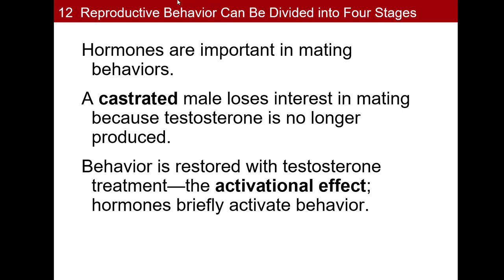So when a male is castrated, that means that in some way he has lost the use of his testicles, which could be a physical removal, could be a chemical situation, but where a male's testicles are no longer functioning, which means that testosterone is not being produced. So when an individual has no testosterone, then he, if we're talking about a male individual here, would not have interest in sexual activity because the testosterone is not there.